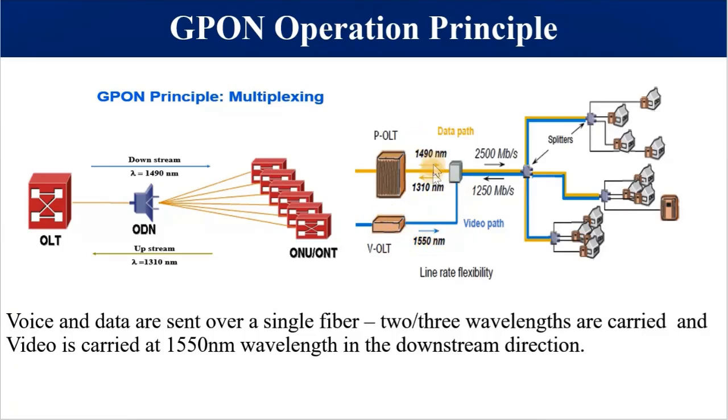So multiplexing enables us to send these signals, one at 1490, another at 1310, and another at 1515. We call this multiplexing, the routing of signals from several sources through one transmission channel to their destination. And when they reach the destination, that's where we implement demultiplexing. So multiplexing at the transmitter, demultiplexing at the receiver.